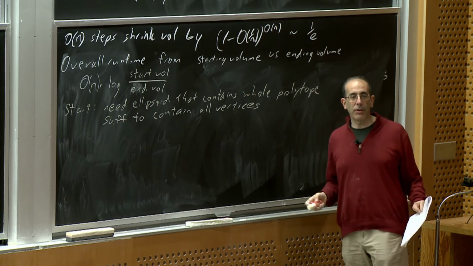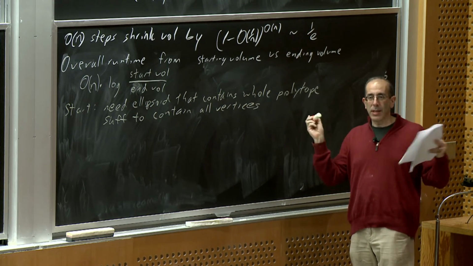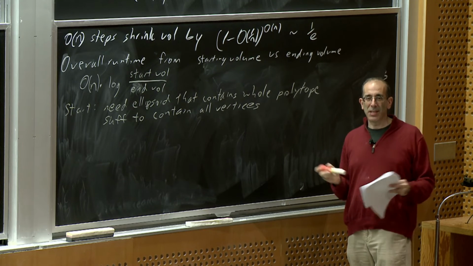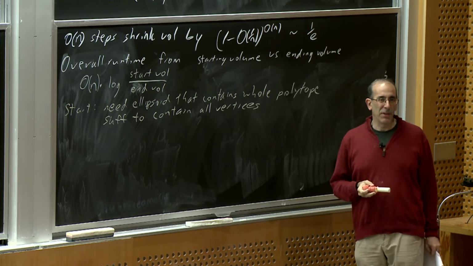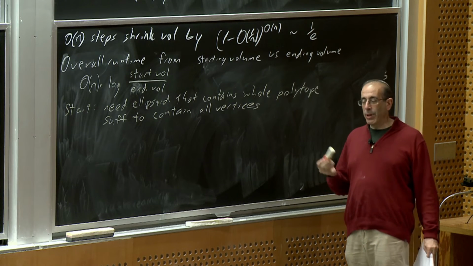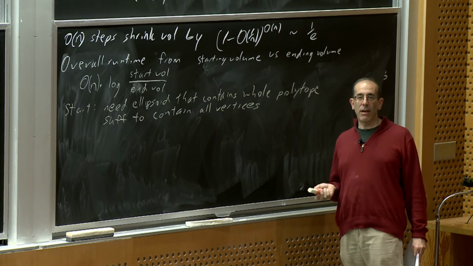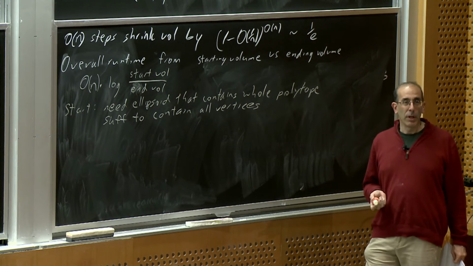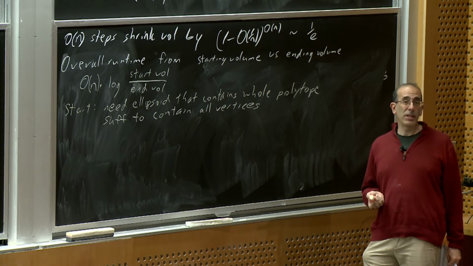Because if you contain all the vertices, every other point is a convex combination of the vertices, so it's inside of the ellipsoid as well. So how big do we have to make the ellipsoid so that it contains every vertex? Well, that comes down to a question of how big can the vertices be?